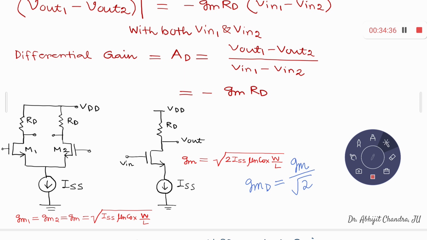Although mathematically it seems to be minus GMRT, remember whenever you connect another pair of amplification there, it is not another stage but another pair of amplification, then this GM is not the same GM, it is this GM divided by root 2.